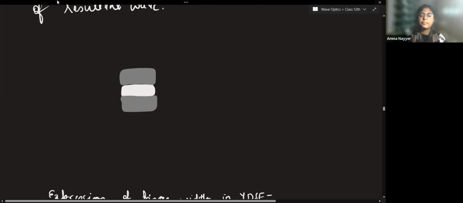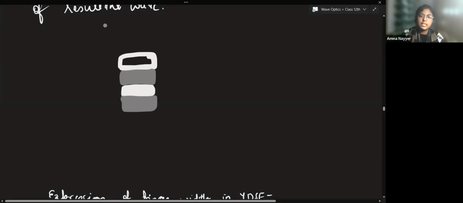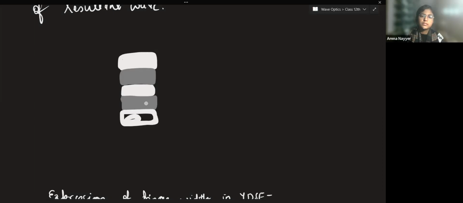Like this. Then again on either side, this one is the central one. Aside from the central one, these are formed, like this, and so on, it will keep on moving.